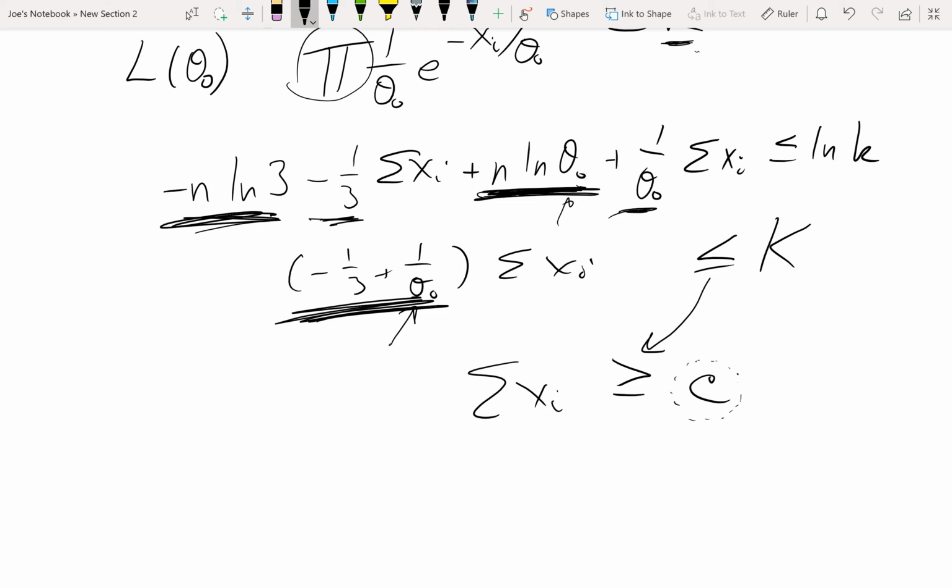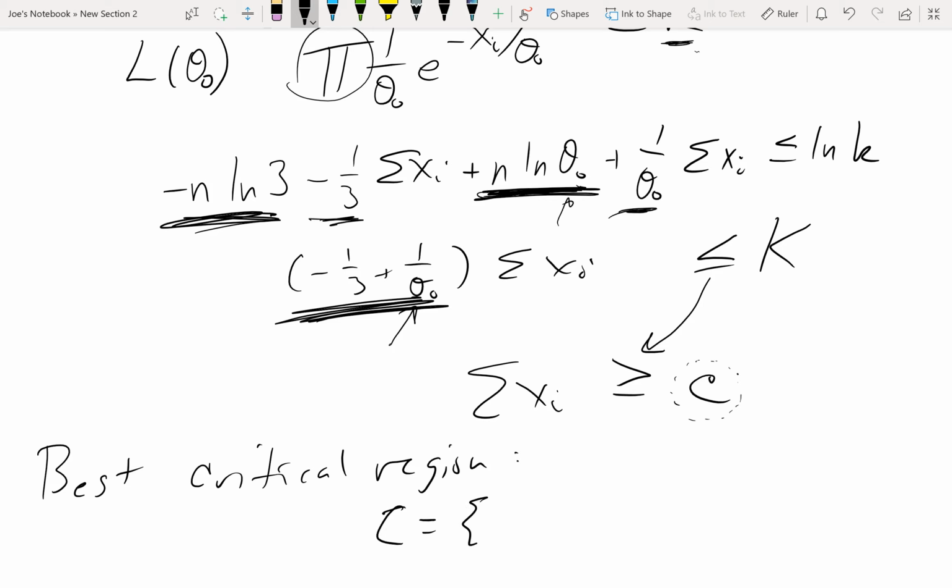So this is what our best critical region is going to have the form. The capital C will be all of your stuff in your random sample such that the sum of the sample points is greater than or equal to some little c.